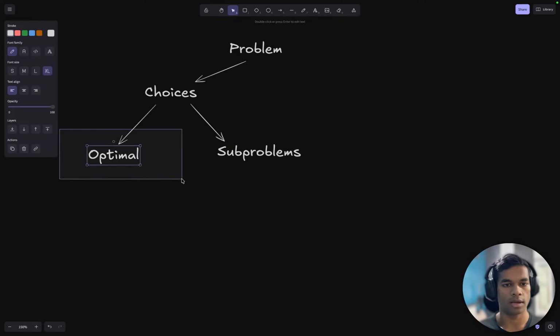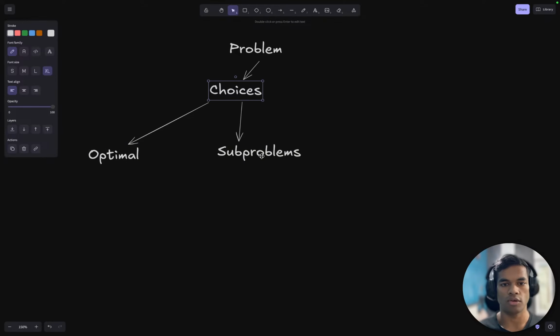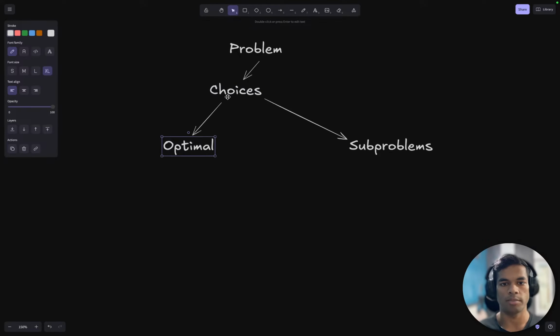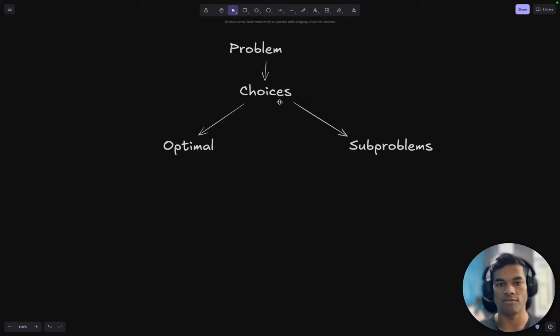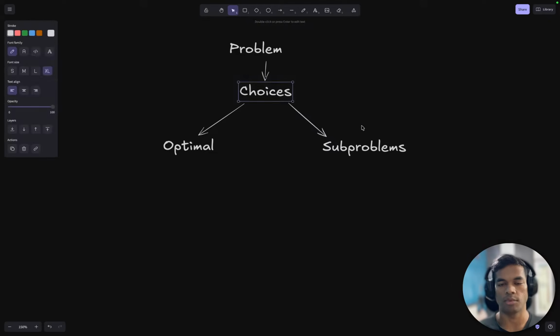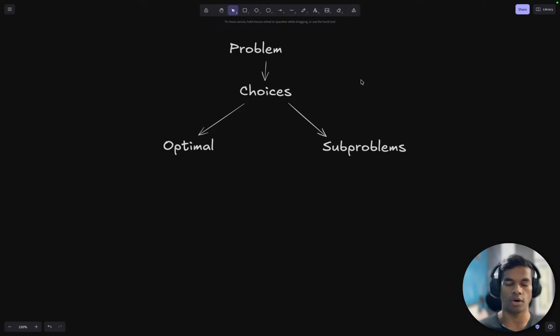And to find out which choice is optimal, we have to go through all the choices which are available and find the cost of a choice.